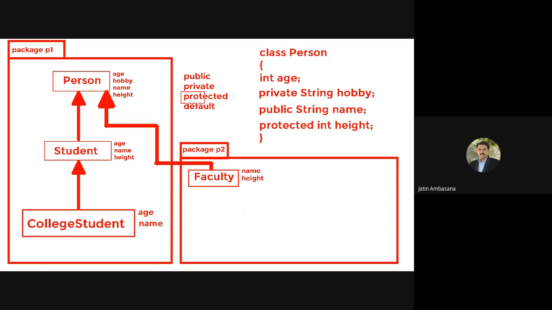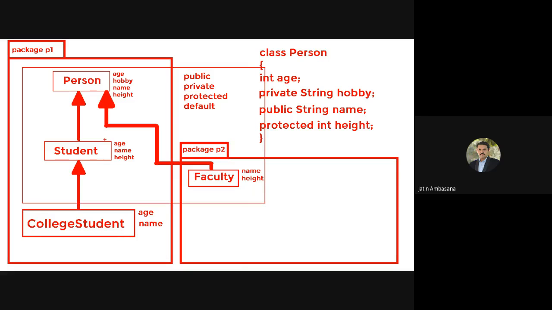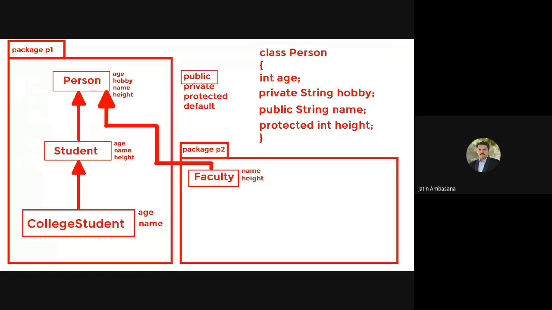So we created protected, which allows a property to be accessed in a different package also. And the least restricted is public. It can be accessed anywhere. So this name is the public property, so it is inherited over here also, right?